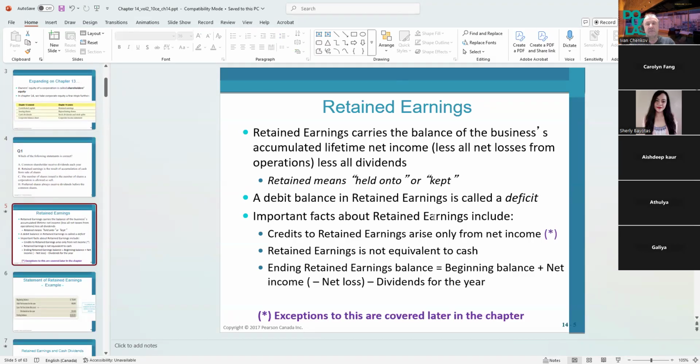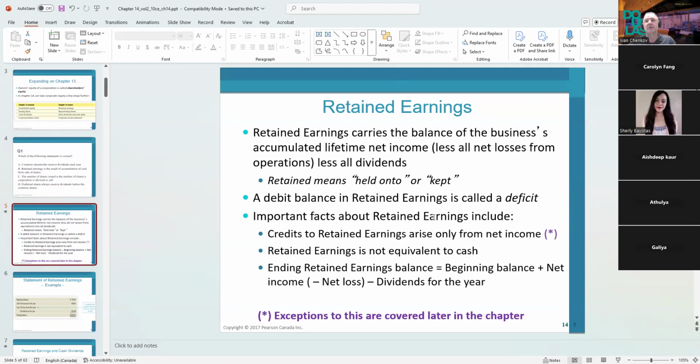Now, the retained earnings is part of the equity section. It's going to have a credit balance, normal credit balance. What's going to happen if for some reason the retained earnings end up with a debit balance? Well, that will be called deficit.